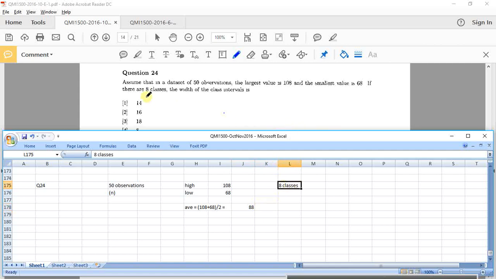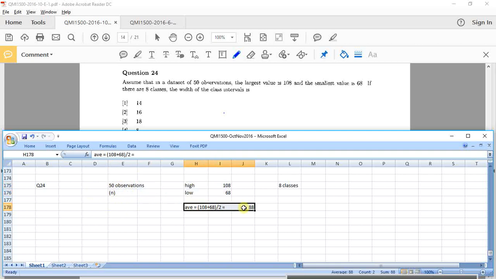So they said if there are 8 classes, the width of the class intervals is. I don't think the 8 classes would have had any relevance on the width of the classes because you would just multiply everything by 8 because it's still an average. So looking at that, I've got n and I've got n observations. So out of 50 classes that I've observed, I can see that there's a high of that and a low of that.